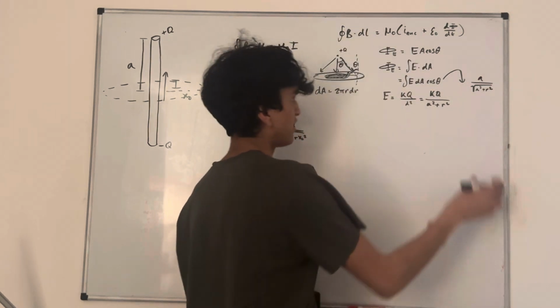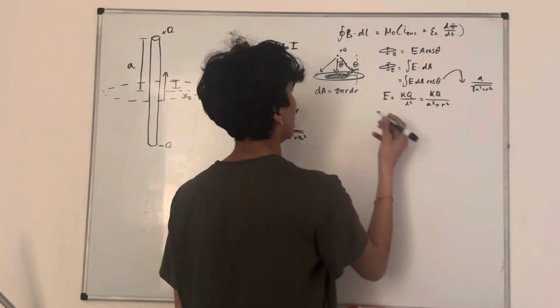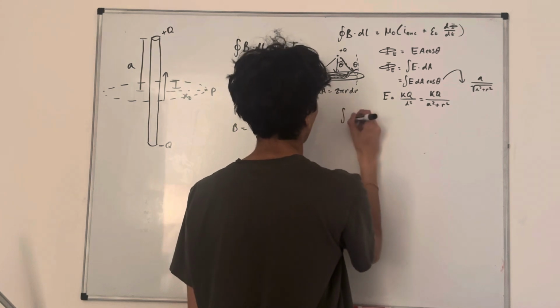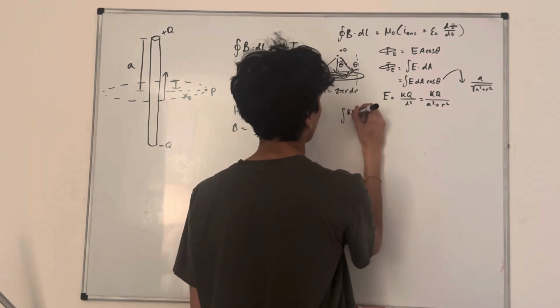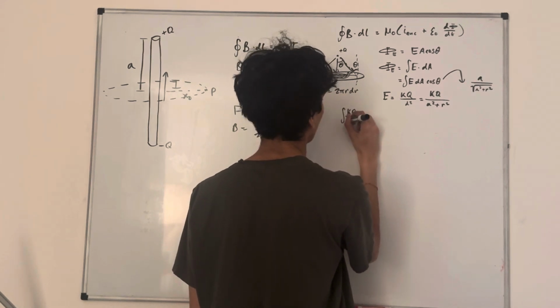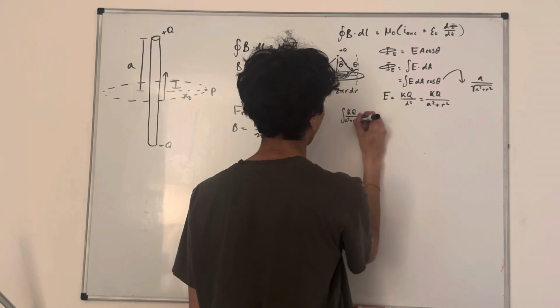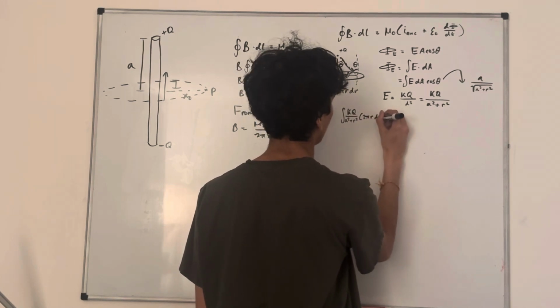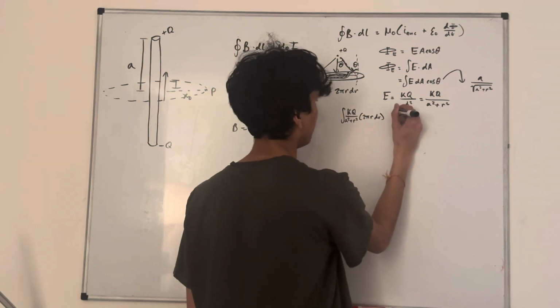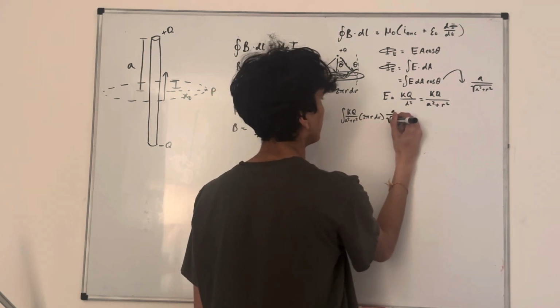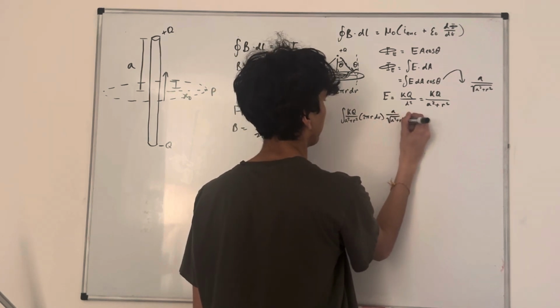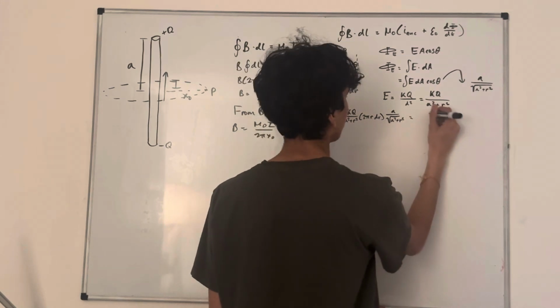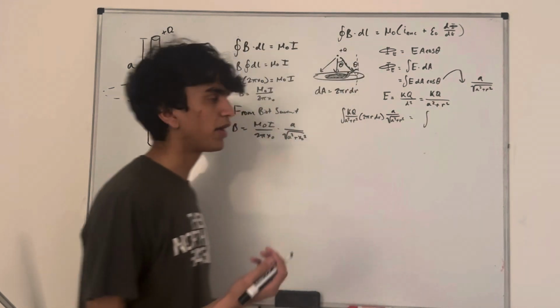So when I multiply that by the electric field, what I get is this integral: kq over a squared plus r squared, times 2 pi r dr for the dA term, times a over root a squared plus r squared. And I've got to set my bounds here, right?